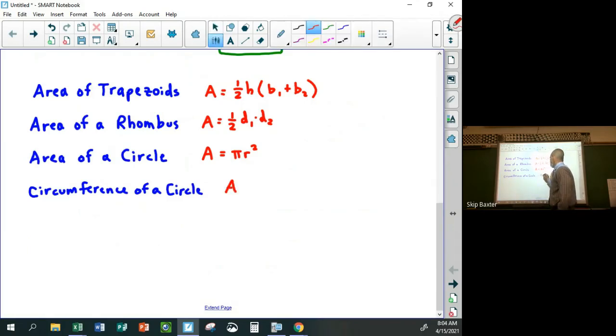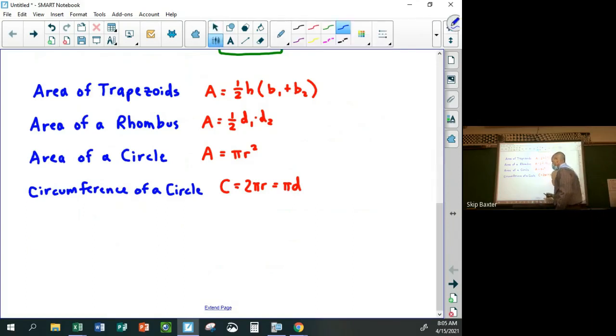So here the formula is circumference equals 2 pi r or pi d. And remember, there were some problems in Delta Math where they gave you the circumference and asked you to find the area, or they gave you the area and asked you to find the circumference. So you have to be able to solve problems like that. There are two-step problems. You have to first figure out what r is, then plug it into the other formula. Everybody understand what I mean by that?